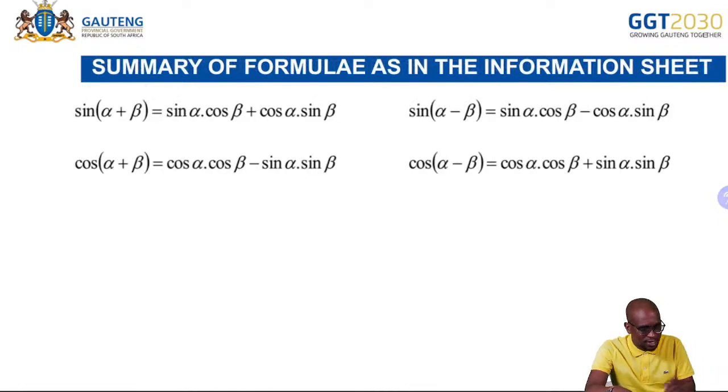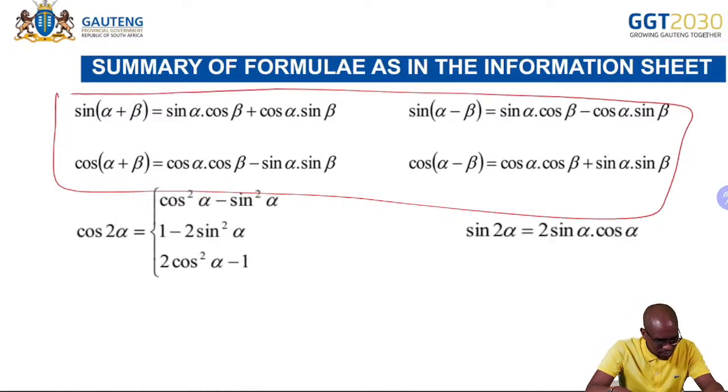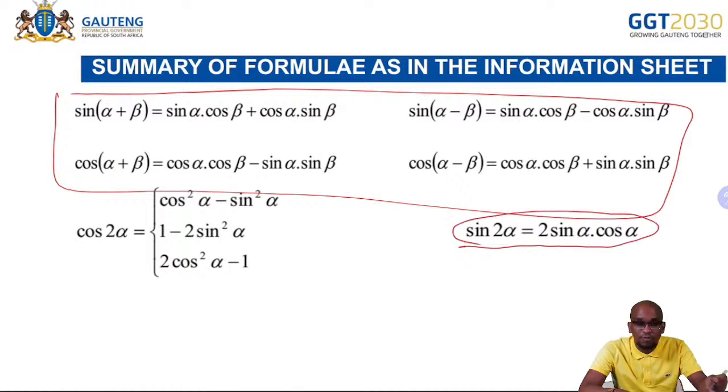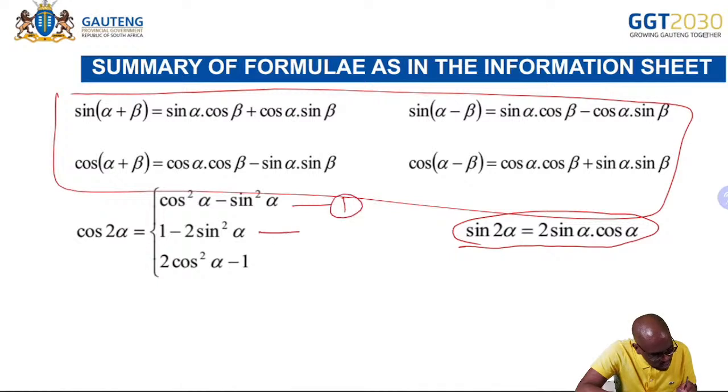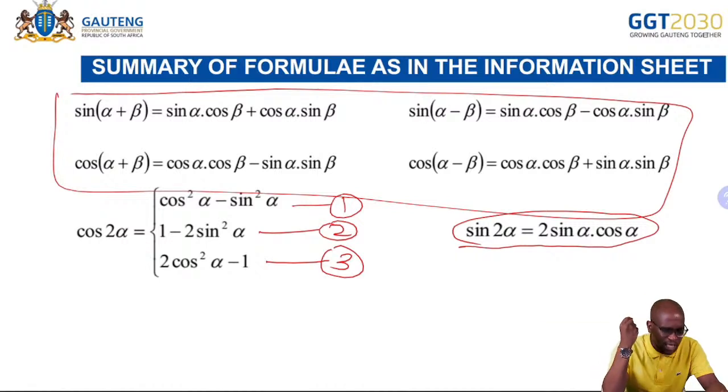Summary of the formula. This we've covered as the compound expansions, and these are the double expansions. So you can see that the sine of 2 alpha, we've already derived it. You can see that this one is equation 1, equation 2, and equation 3. So that completes or gives the full complement of the compound and the double angle formulas that are given in your formula sheet. Right, very, very important.